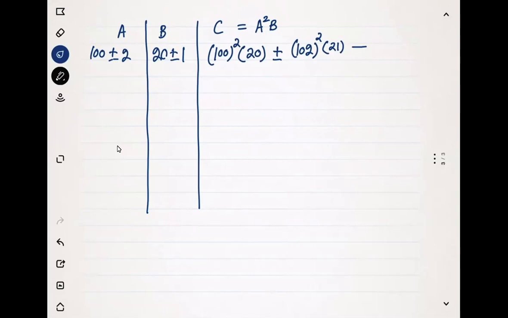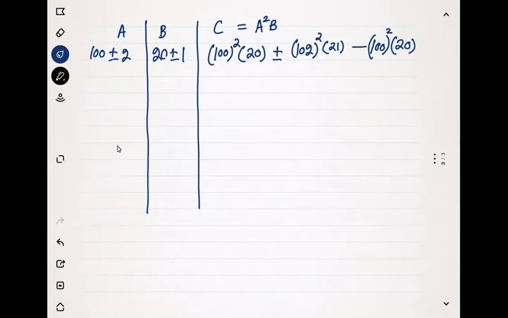102 square into 21 minus 100 square into 20. By this method, you can calculate the value and the uncertainty.